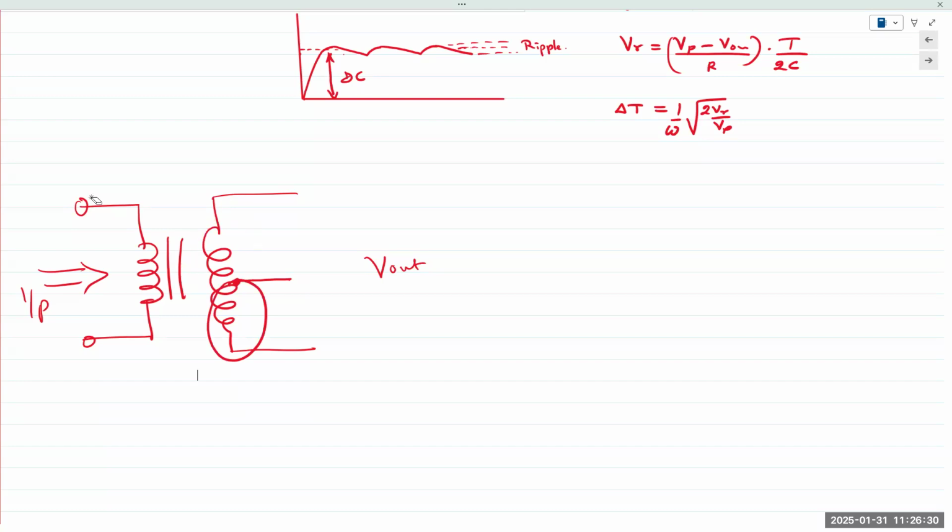When you tap it in the center, the effect is as if there are two coils connected in series, which are then wound around the primary coil. So when you make a connection on the secondary winding, the polarity appears as if it's connected in series. It's plus minus, plus minus.